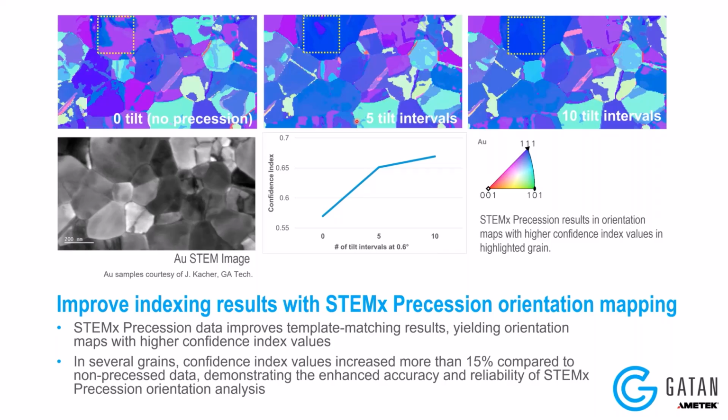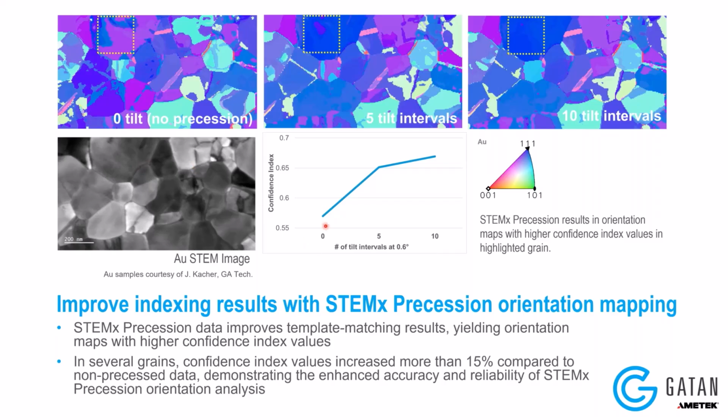And so there are 2 things that we observe. One is that, for example, if we look at this grain that's highlighted by this yellow box, as we have more and more tilt intervals, we see that the orientation results give us essentially a more uniform result, and that is something that matches the diffraction contrast that we see here based off of this virtual dark field image of the area that we analyzed.